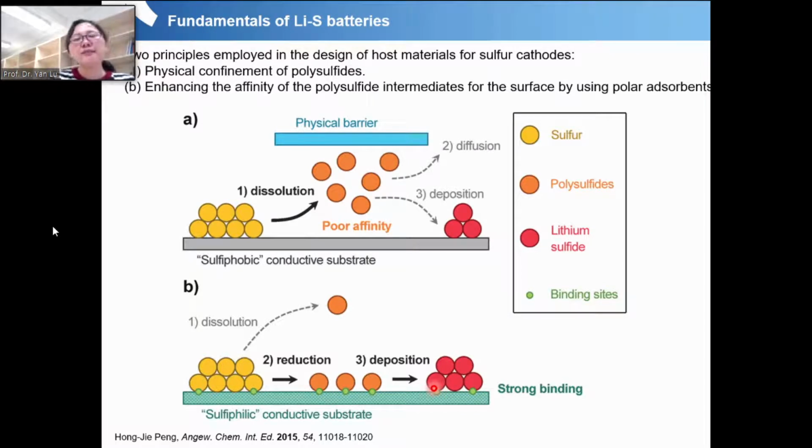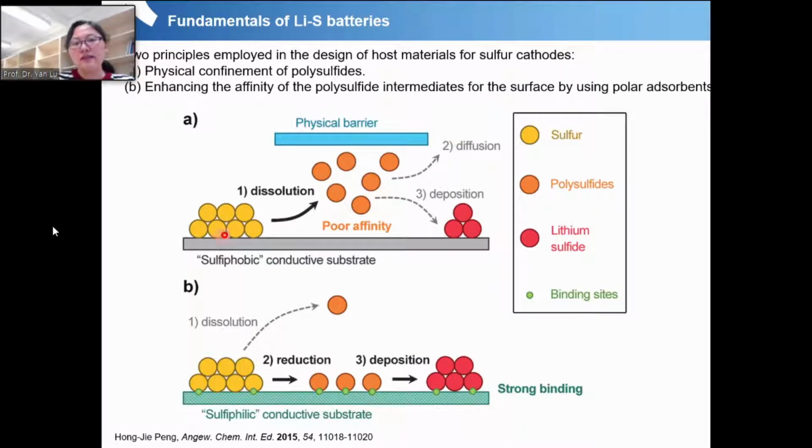They are actually mainly based on two principles. One is shown as scheme A here: the physical confinement of the polysulfide. In this case, you give a kind of physical barrier to your system.